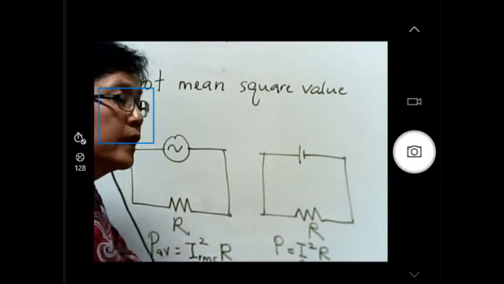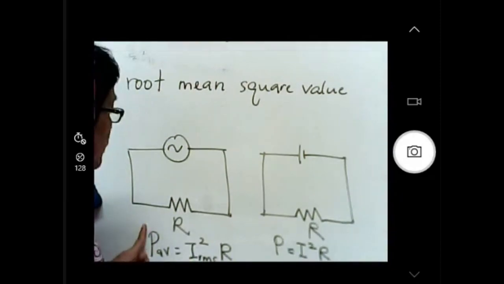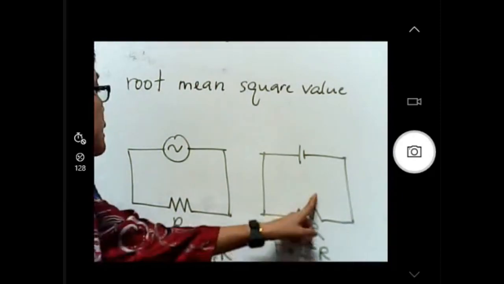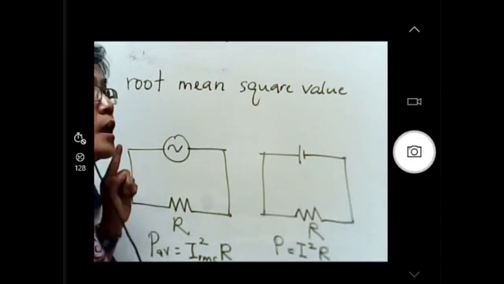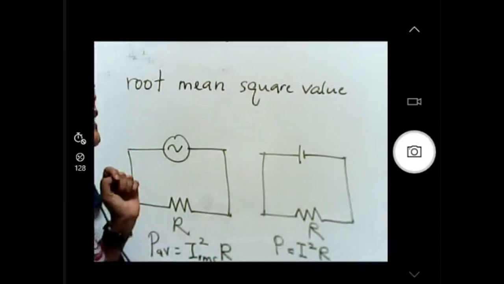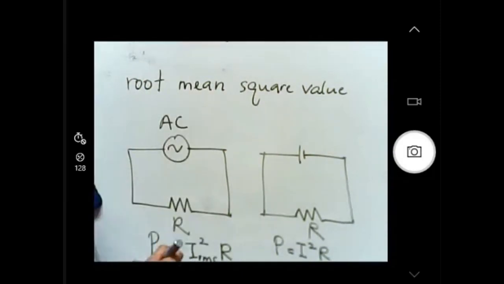This value of current must equal this value of current because the power dissipated is the same and the resistor we use is the same. So the current that you calculate here is known as the root mean square current for this alternating source. Okay?